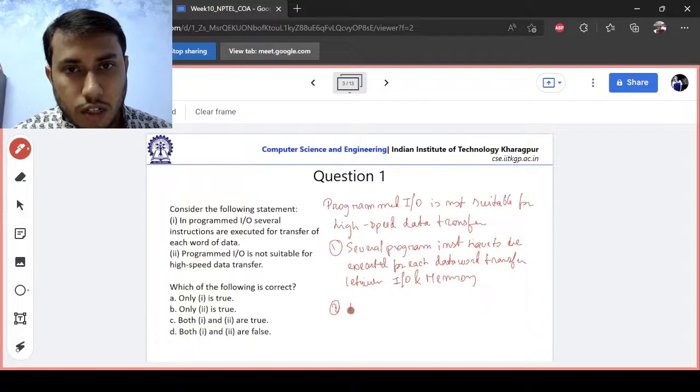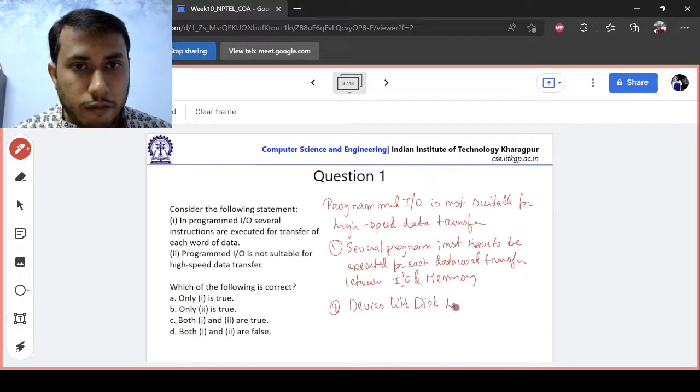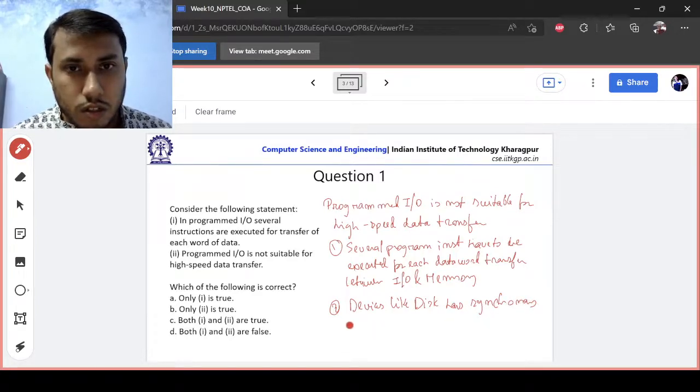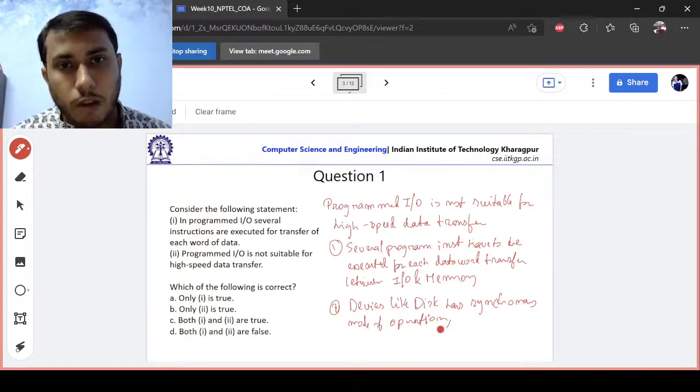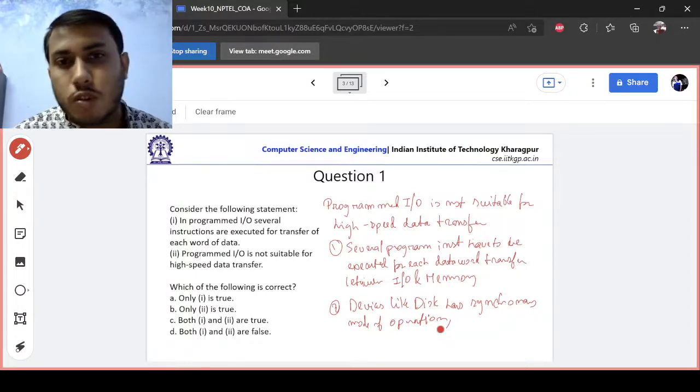Devices like disk have synchronous mode of operation.